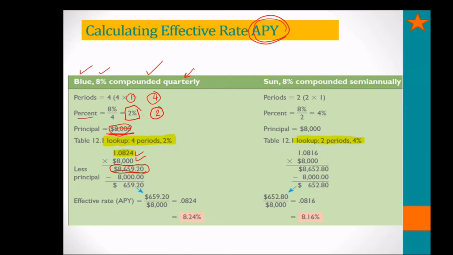What is the interest value? I subtract the original amount 8,000 from this value, so the interest is 659.20. This is the interest for 1 year.